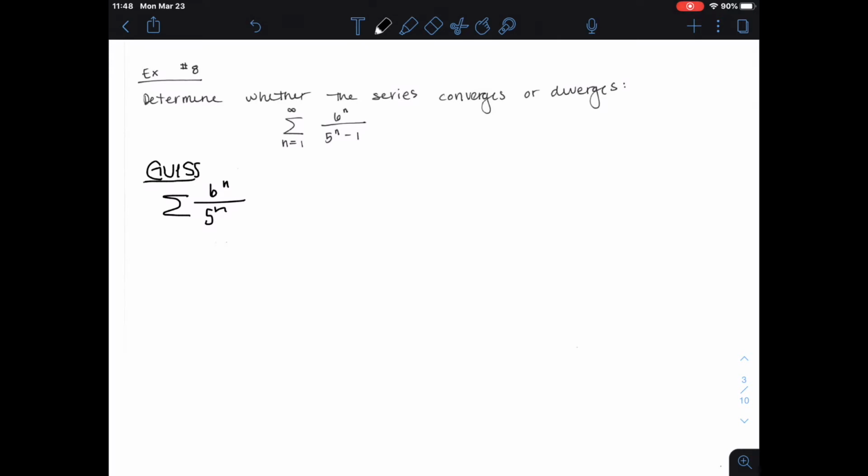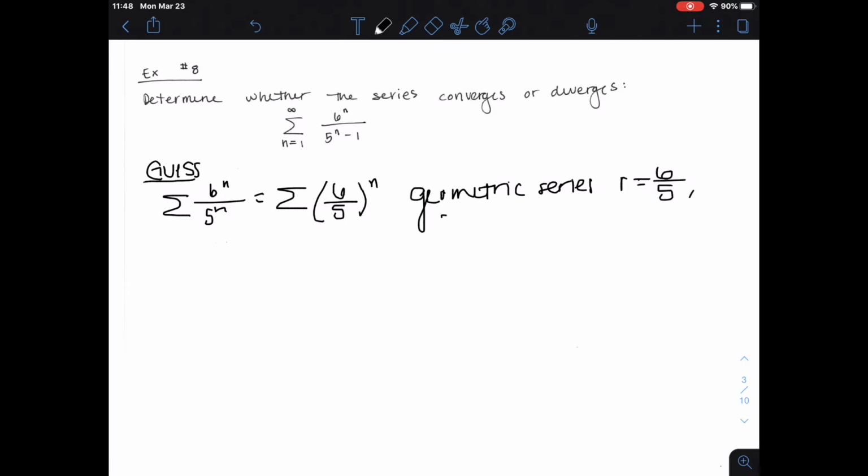So that -1 doesn't do a whole lot. So this would be 6 over 5 to the n. So this is a geometric series, and the value of r is equal to 6 over 5. So it's divergent.